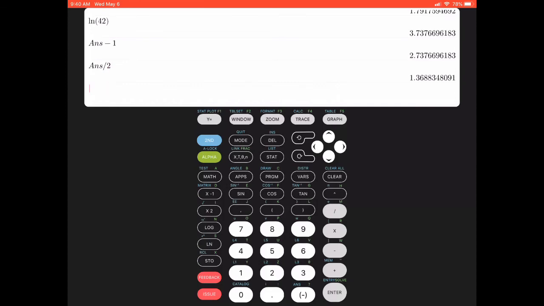So I get 1.37. If I wanted to do it all in one step, I'd have to be really careful, and I'd have to put parentheses around the natural log of 42, and it has its own parenthesis, then minus 1, end it, and then divide by 2. But that's a lot of parentheses, so I might do it piece by piece. So 1.37 was my answer.